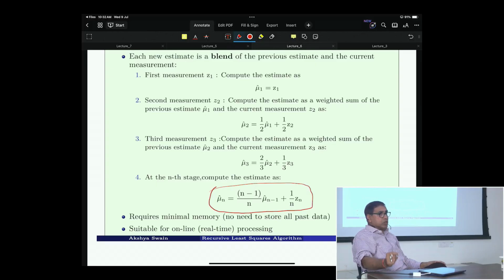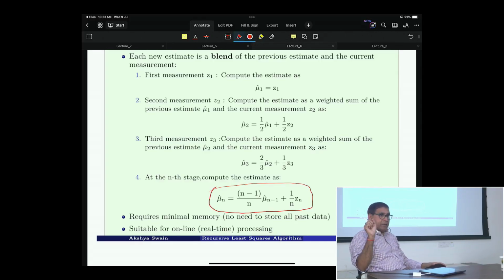That point I am not explaining here. Similarly, what we do now is change batch least square to recursive least square. That is what I need for my adaptive control.